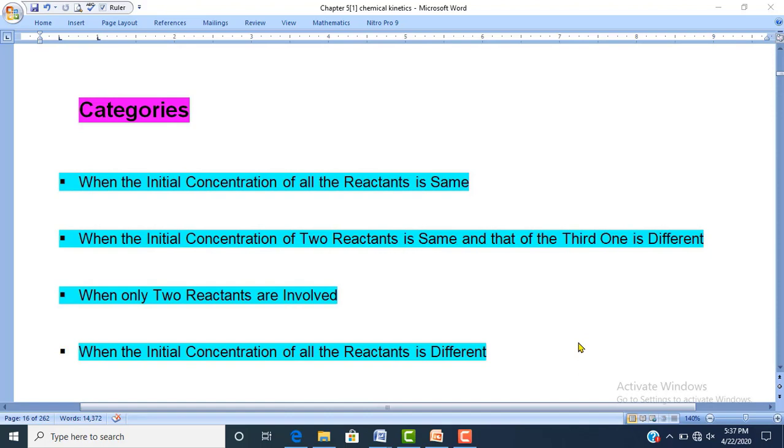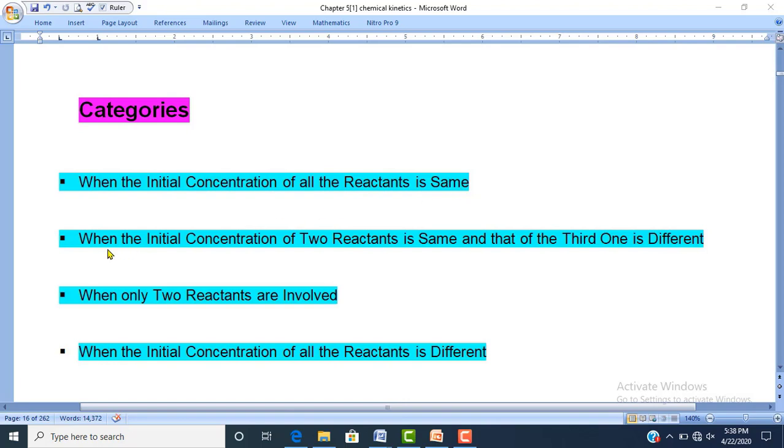Dear students, third order reaction is not so simple as you understand, because there are 4 types of third order reaction. So we can categorize as following. First, third order reaction when the initial concentration of all the reactants is same.